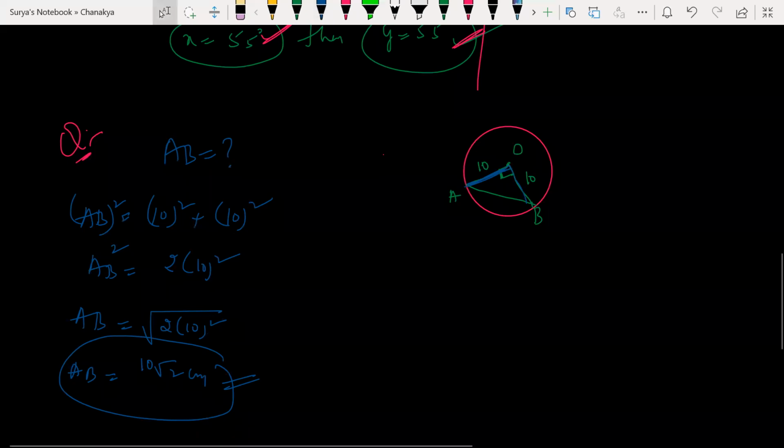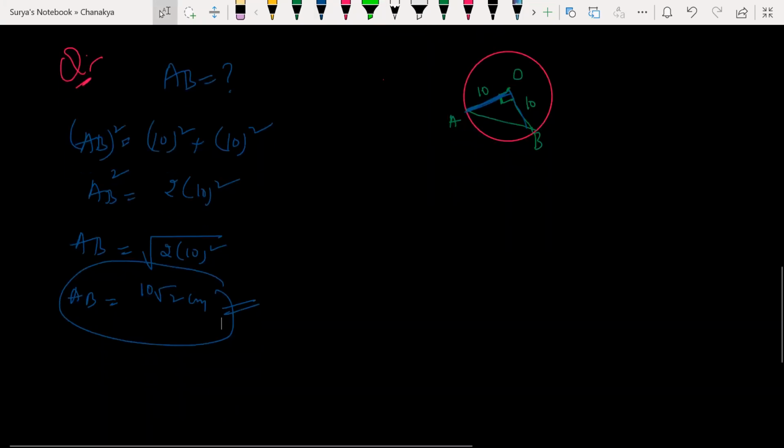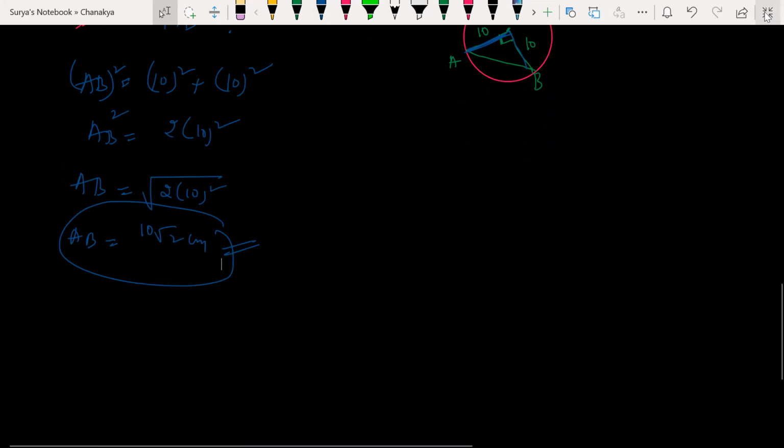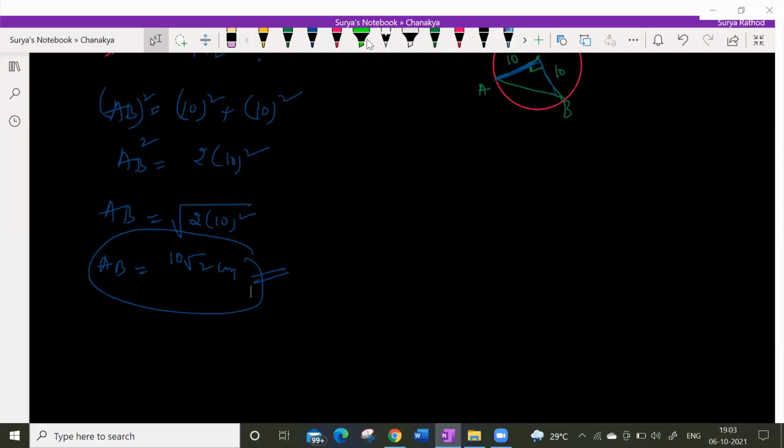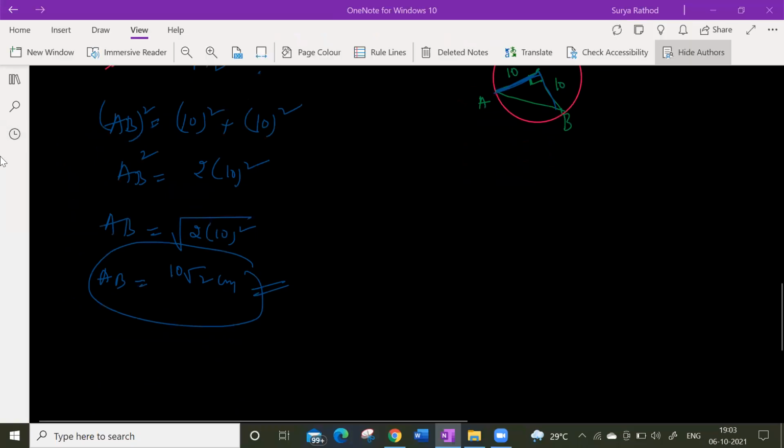Very simple. Any doubts? No doubt, sir. Next. Girls, are you able to understand? Sir, your voice is breaking. Amrita ji, Diksha, Pratibha, Pratyusha, are you able to understand?